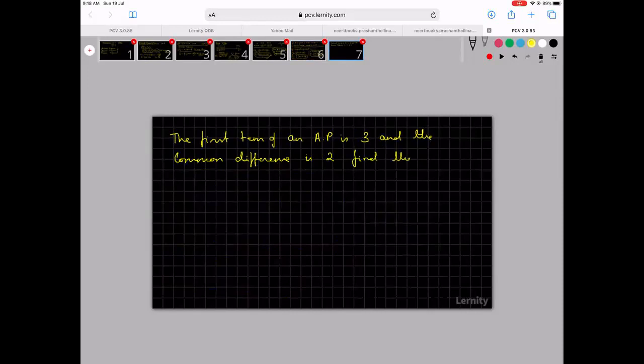Find the 20th term. Second, the sum of 15 terms. Okay, the first term of an AP is 3 and the common difference is 2. Find the 20th term and the sum of the first 15 terms.